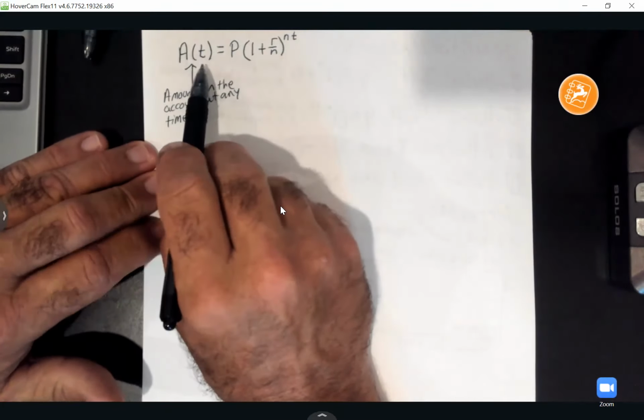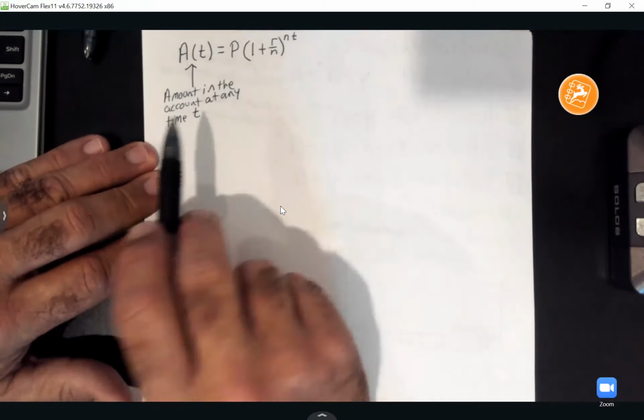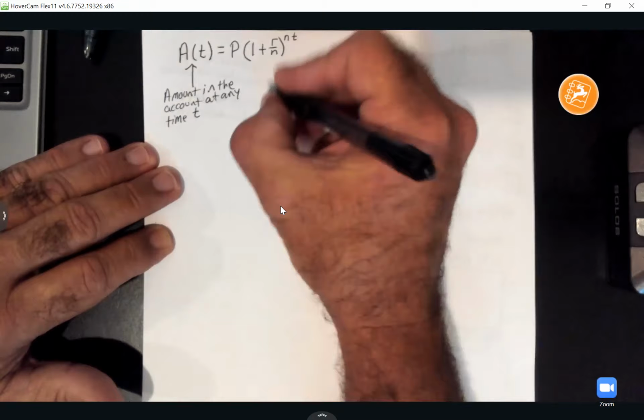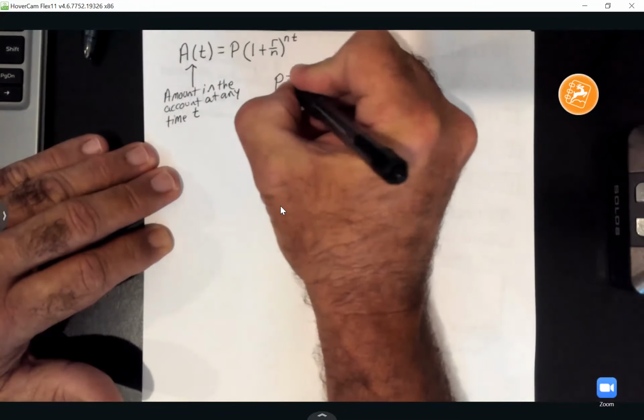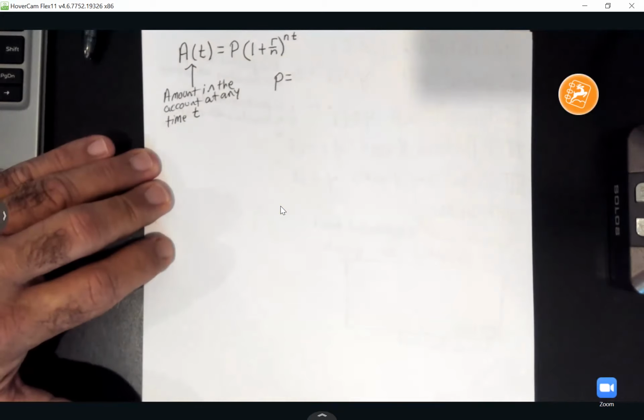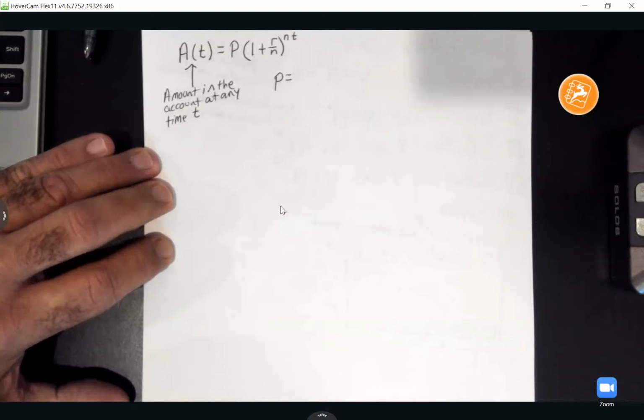And t usually is going to go by years, okay? So it's the amount in the account at any time t. P. Well, y'all, P pretty much stands for what it means. P stands for what we call the principal balance.